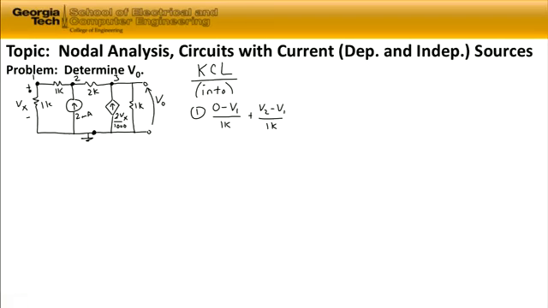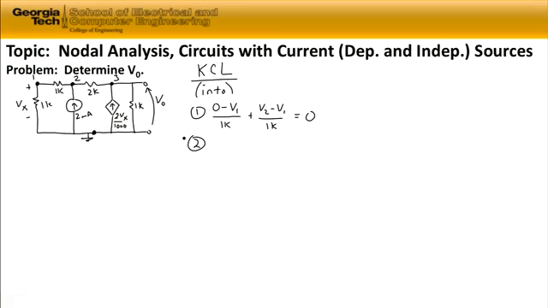Those are the only two currents flowing into node 1, so the sum of those at any instant in time is equal to 0. It's important to note that with nodal analysis, what we're solving for are the nodal voltages V1, V2, and V3. If we can find those, then we can find any of the associated currents in any of the branches of the circuit, and we can find the voltage drops as well. So there's our first independent equation.